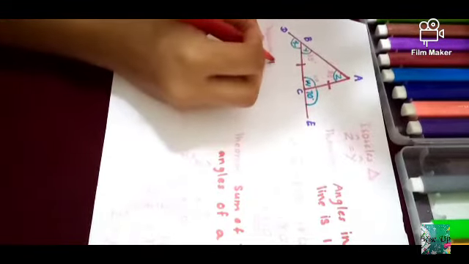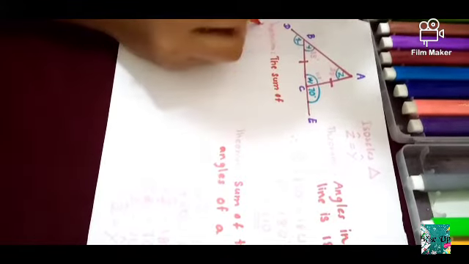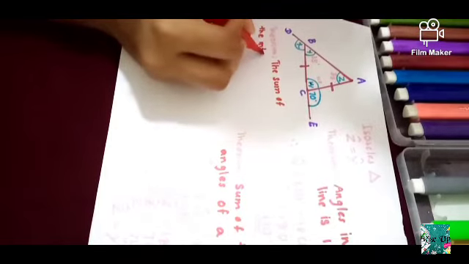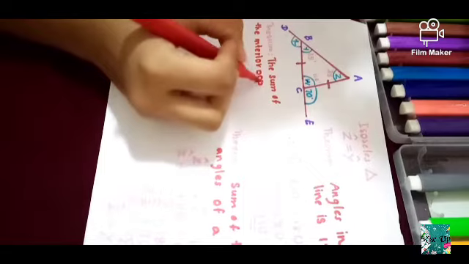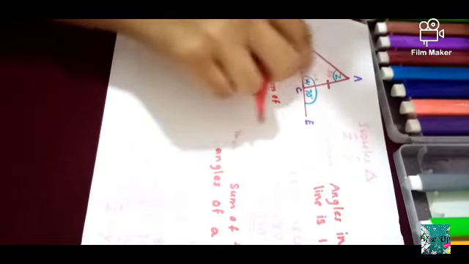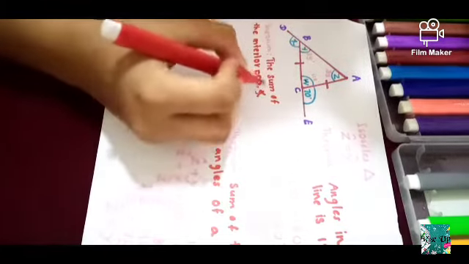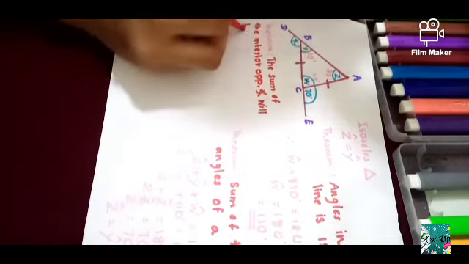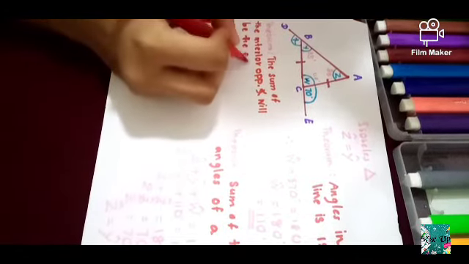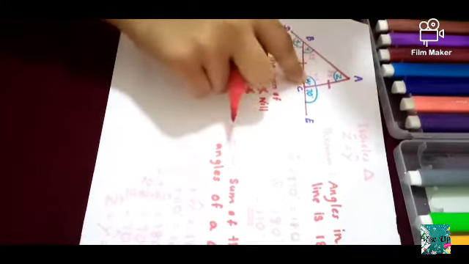The sum of the two interior opposite angles will be the value of the exterior angle. So these two will give the value of X.